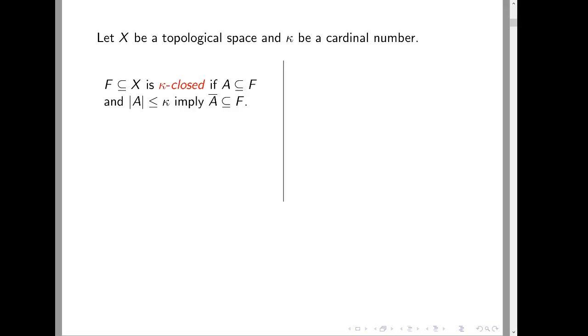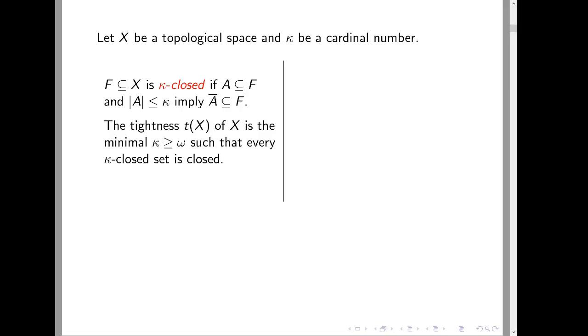So I will call a subset F of a topological space kappa-closed, where kappa is an infinite cardinal number, if any small subset of this set F has a closure that is inside F. So closures of small subsets are inside. And the tightness of a topological space is the minimal infinite cardinal kappa such that every kappa-closed set is closed.